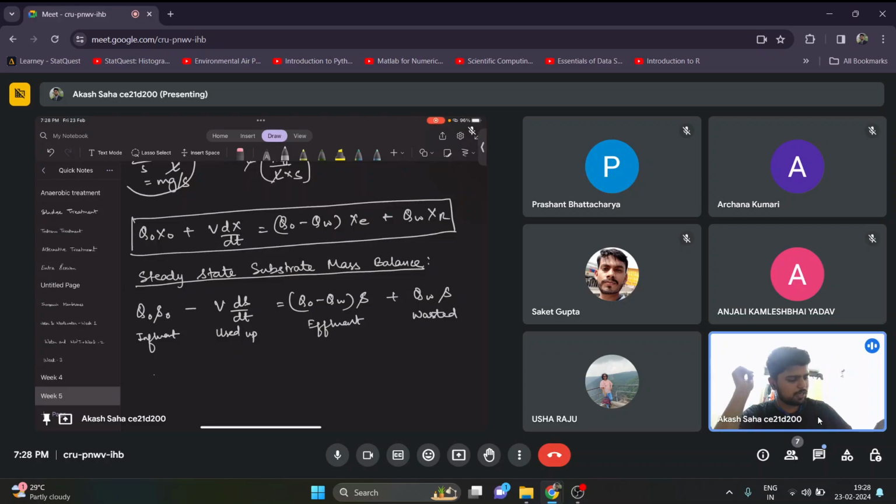So again, we have the equation Q naught S naught minus V ds by dt is equal to Q naught minus QW S plus QW S. So this is my second equation.